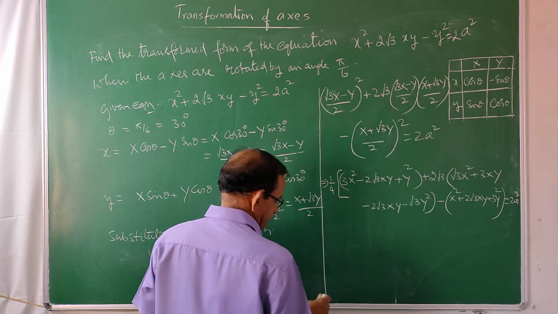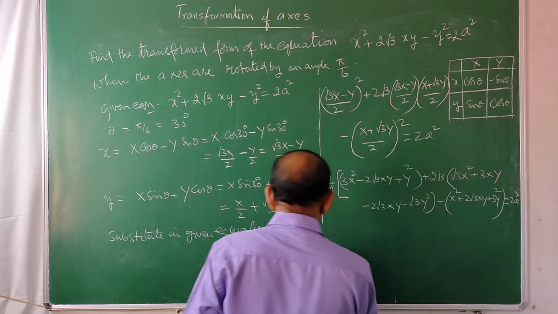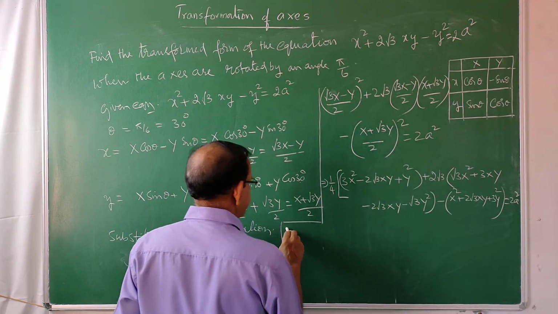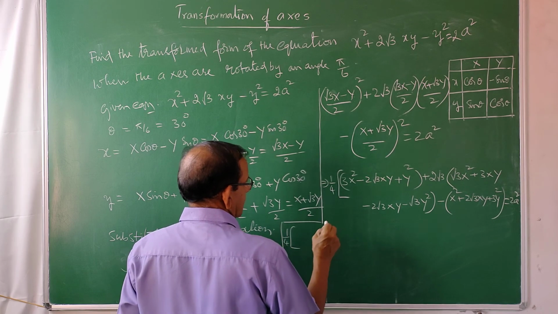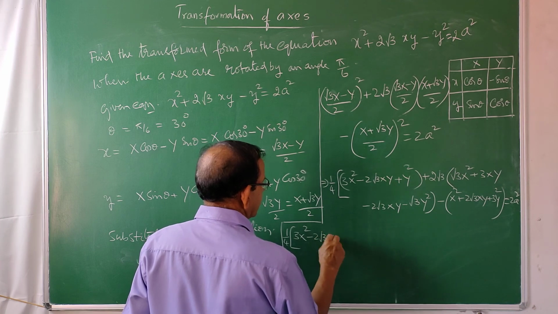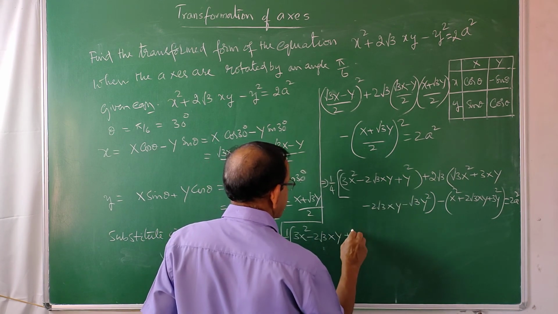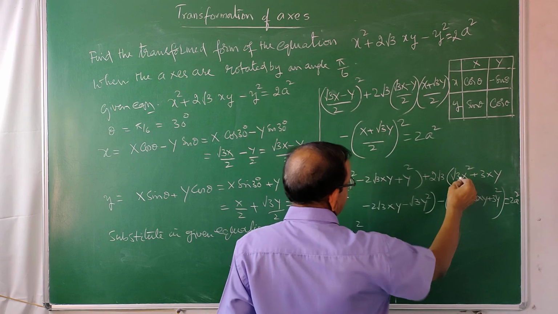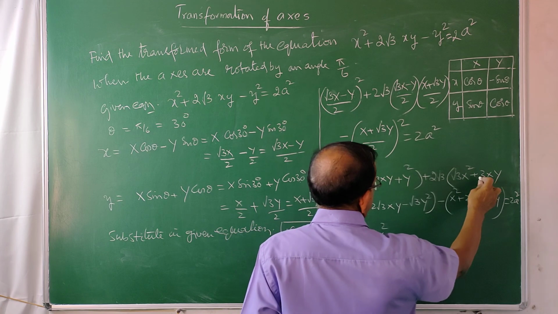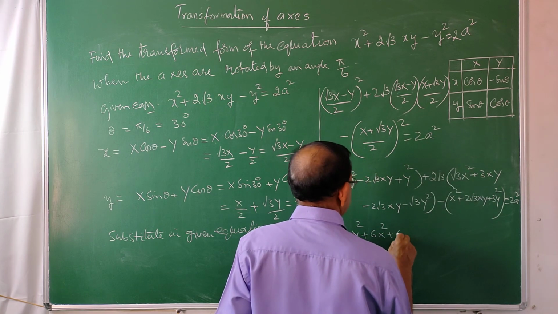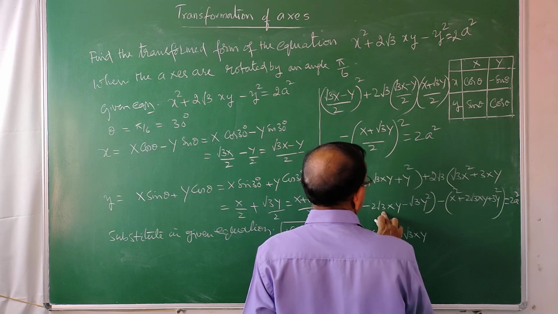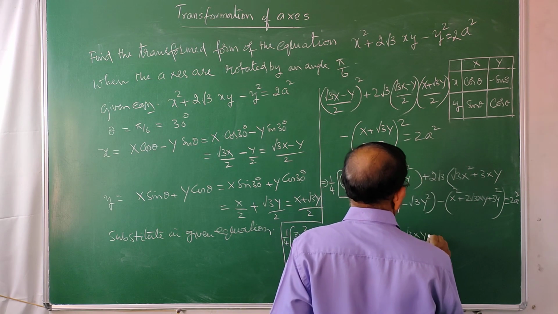That implies 1 by 4 into 3x square minus 2 root 3 xy plus y square, then 2 root 3 into root 3, 6x square, 2 root 3 into 3, that is 6 root 3 xy, 2 root 3 into 2 root 3, 4 into 3, 12xy.